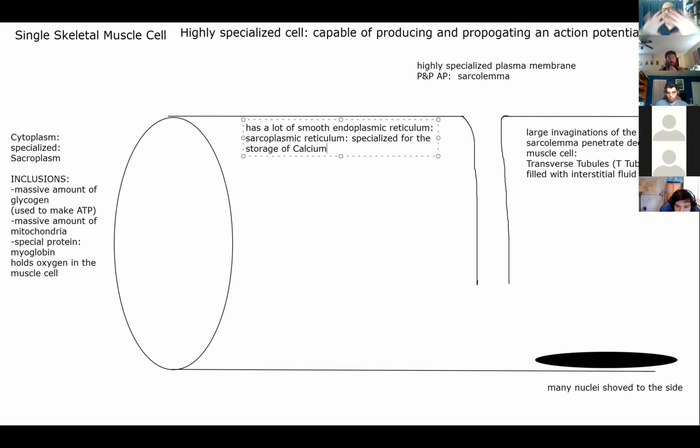I'm going to draw it. It's typically this kind of mesh-like structure, but I'm going to cheat and just draw it as a long, narrow line, where, again, it stores a massive amount of calcium inside of this sarcoplasmic reticulum.